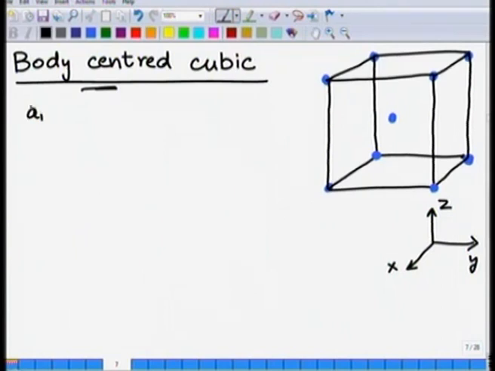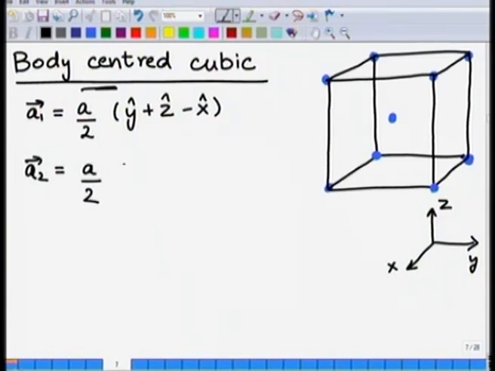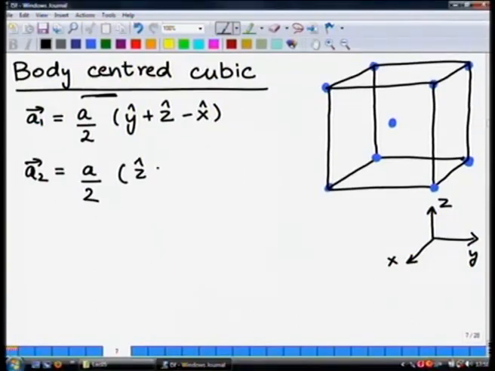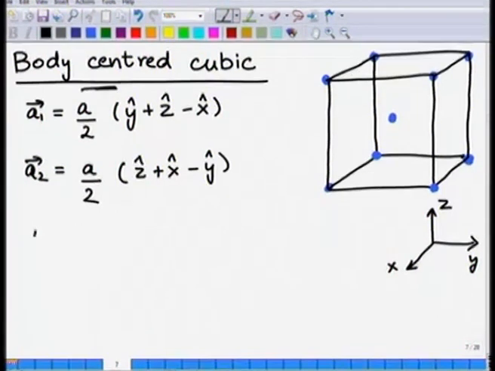A1 we had taken as A by 2 (y hat plus z hat minus x hat), and A2 was equal to A by 2 (z hat plus x hat minus y hat), and A3 was A by 2 (x hat plus y hat minus z hat).